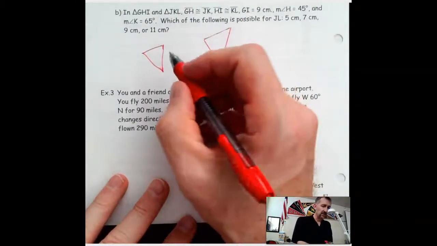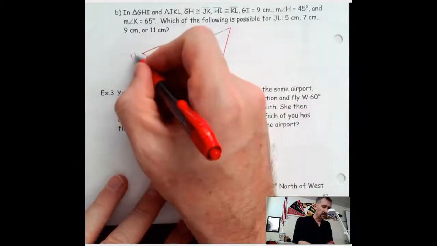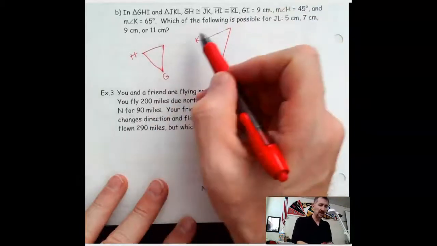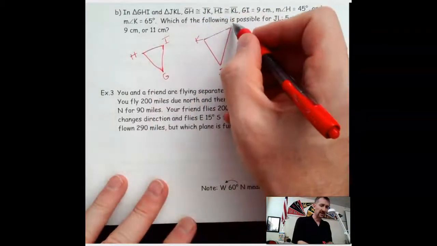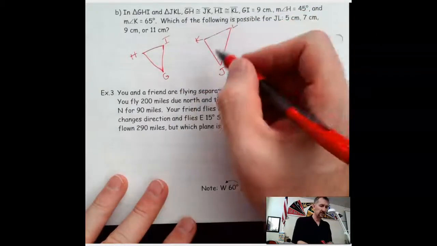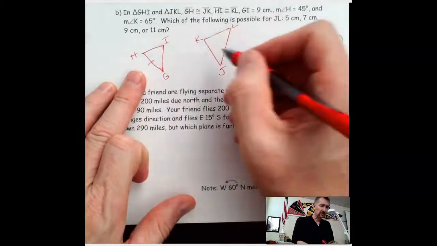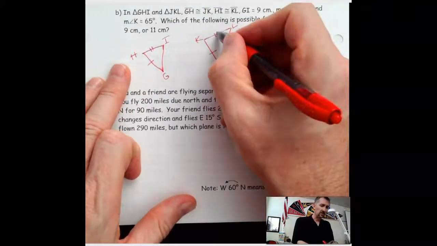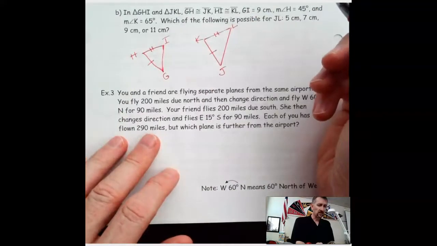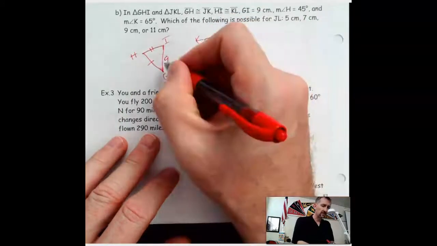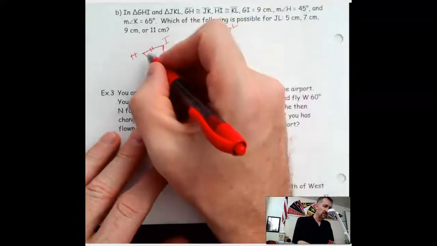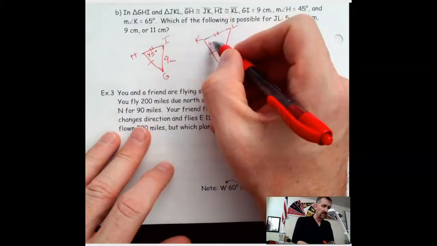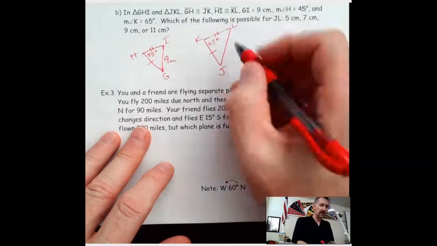So GH goes with JK, and HI goes with KL. GI is 9, angle H is 45, and angle K is 65. What is the possible length of JL?